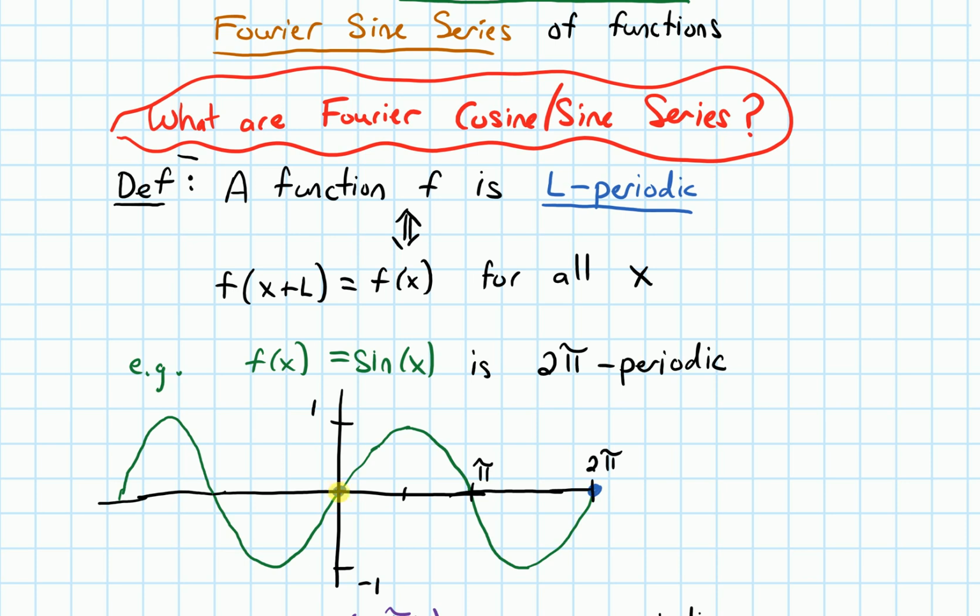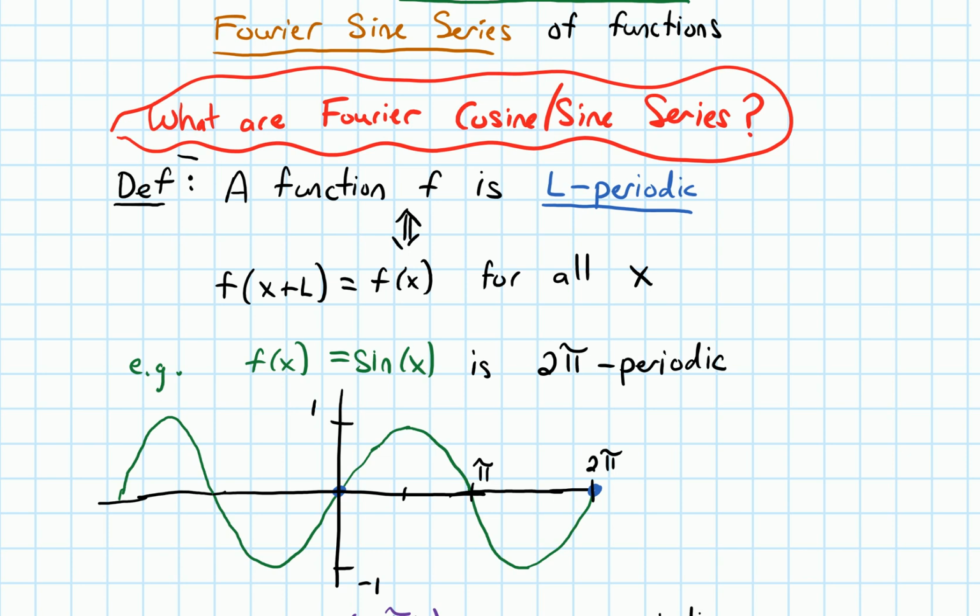So my function completes one period from 0 to 2 pi. If I were to keep drawing the graph beyond this, the function would look exactly the same, and it would keep repeating that shape again and again and again. Okay, so sine of x is 2 pi periodic.